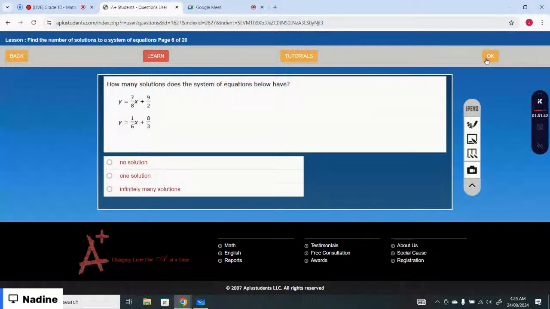How many solutions does the system of equations below have? y equals 7 over 8x plus 9 over 2 and y equals 1 by 6x plus 8 over 3. So which is the correct option?